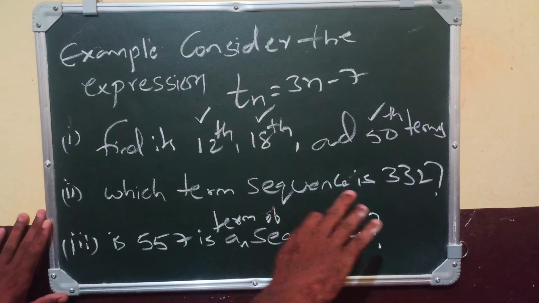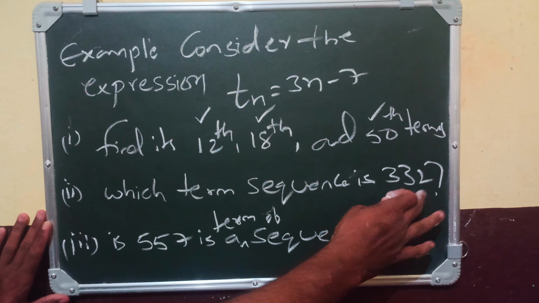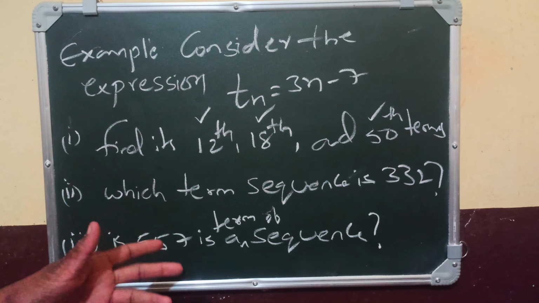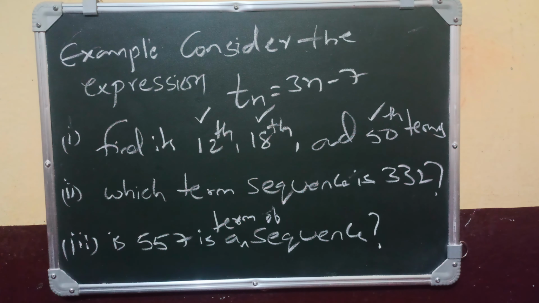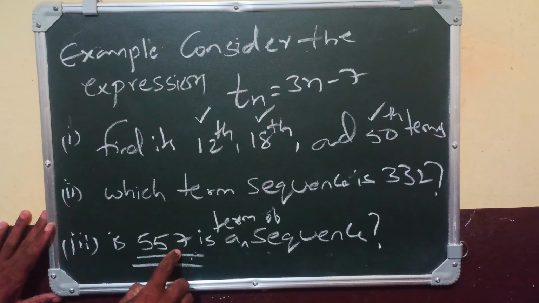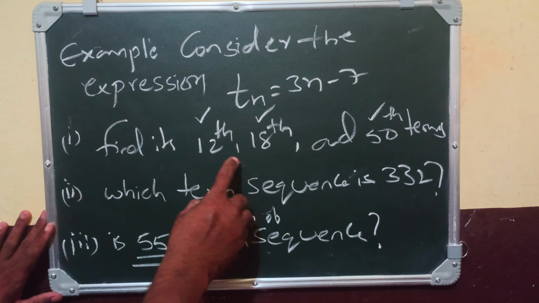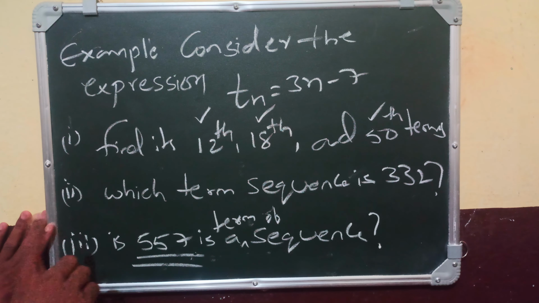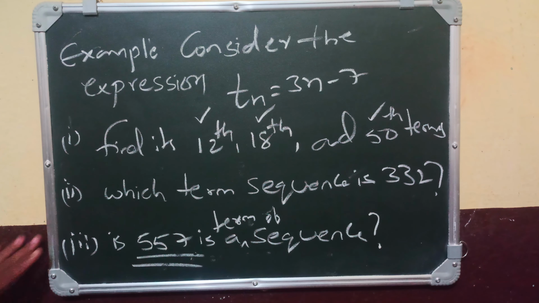Is 557 a term of the sequence? We have to find out whether 557 is related to this given series or not. If you get a natural number for n, then definitely that term is in the sequence.